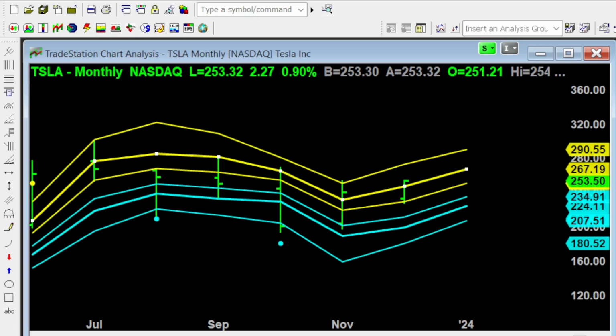If you want to be more specific, if it doesn't break this top or middle blue trend line, then generally it still has a good increasing trend or momentum. If it drops below this blue trend line, then it's very bad, and it will move down to a lower trend line.